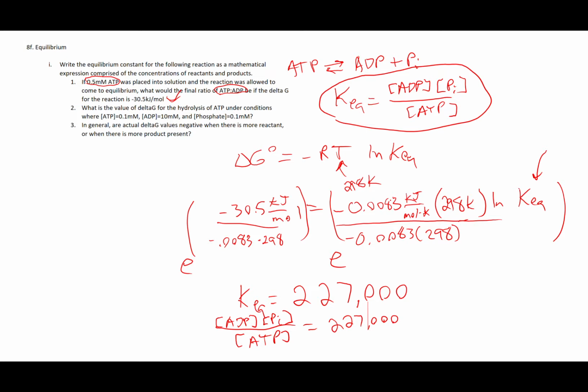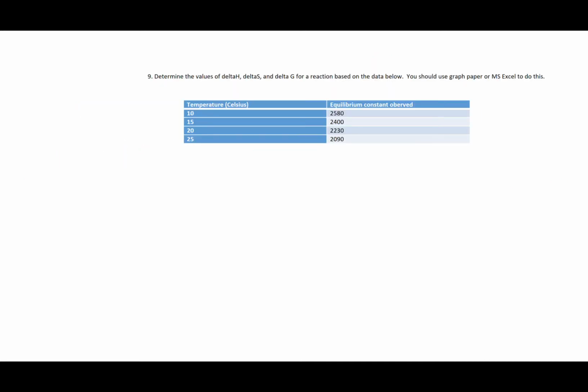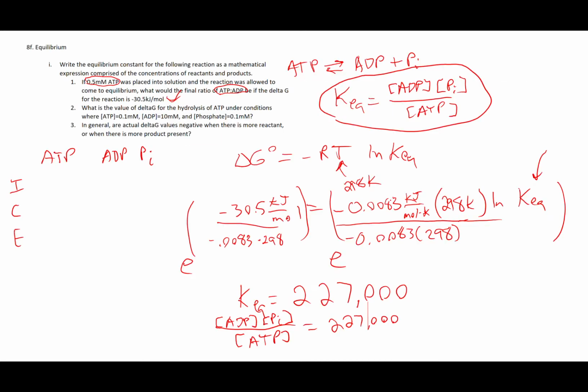So hopefully this type of problem rings some bells from Gen Chem and everyone's favorite thing, the ICE tables, where I stands for the initial concentration, C is the change, and E is the equilibrium values. So we're going to make this table here and have ATP, ADP, and phosphate. Our initial concentration of ATP is 0.5 millimolar.